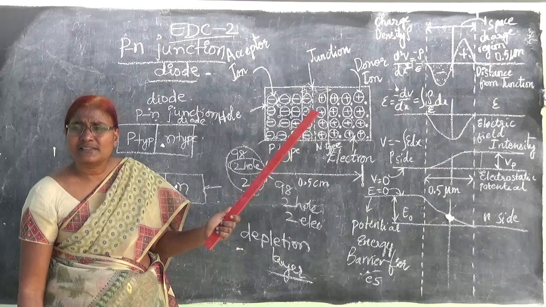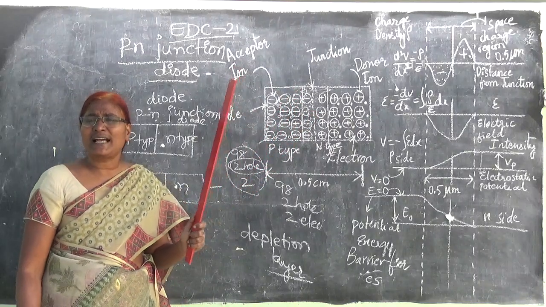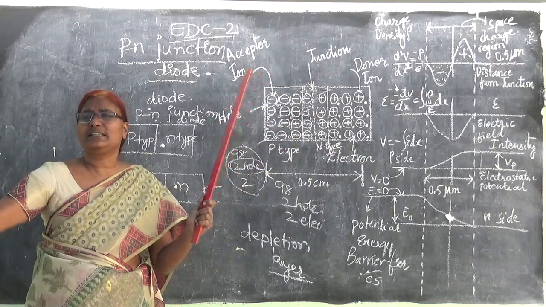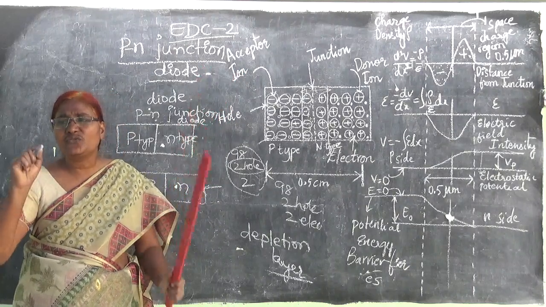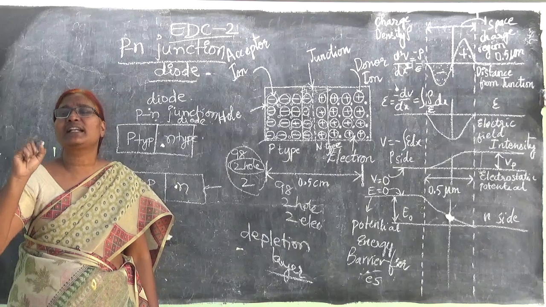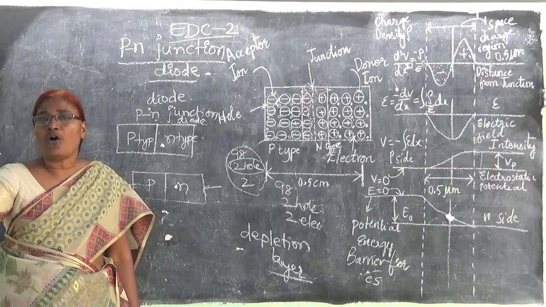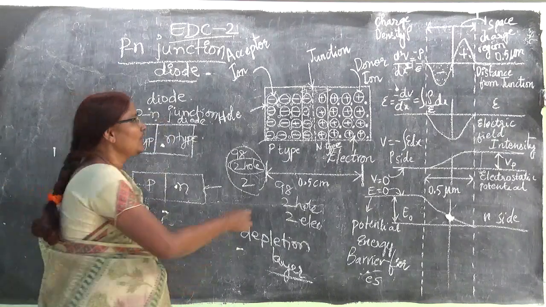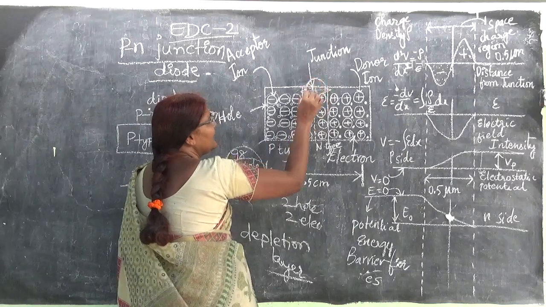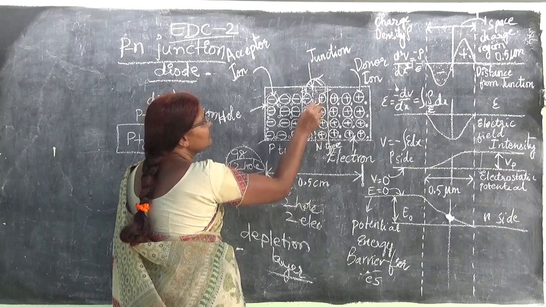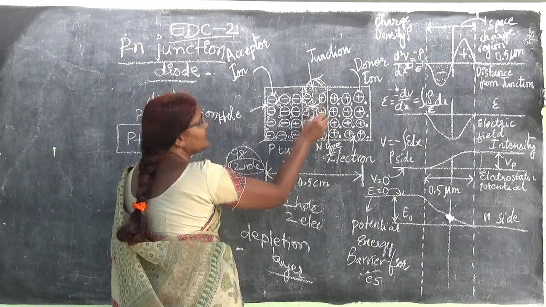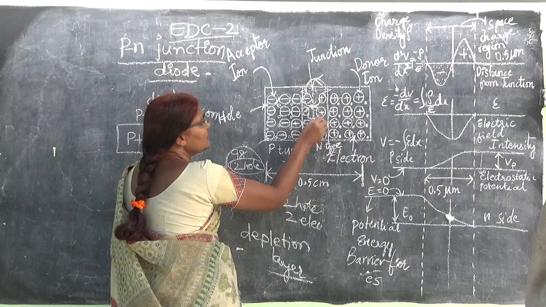So what happens? We know that a positive charge will not simply sit. What it will do? It will produce electric lines of force onto the negative charge. So there will be electric lines of force from the positive charge towards the negative charge. So what it will create?